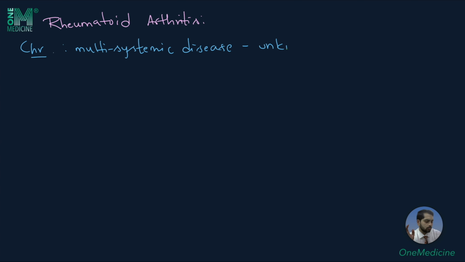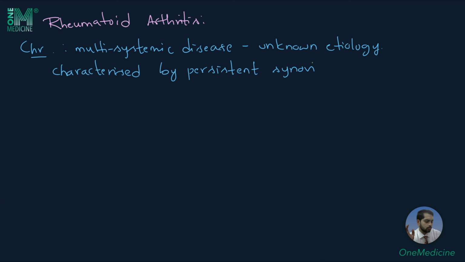The next topic is rheumatoid arthritis. This is a chronic multi-systemic disease of unknown etiology, which is characterized by persistent synovitis that is inflammatory.